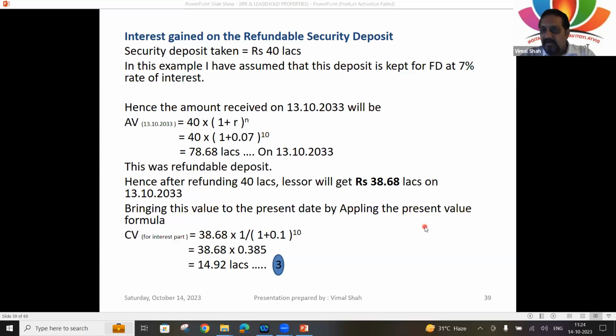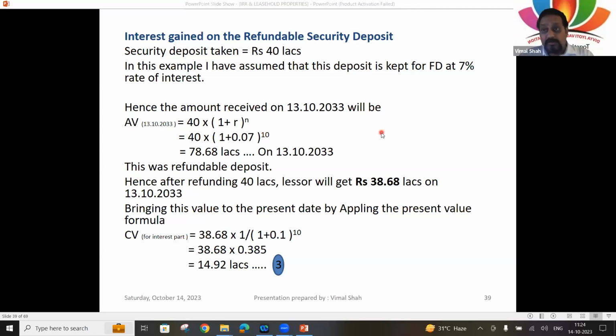Whenever you want to bring any future value to present value, we use only one formula, that is the PV factor formula of 1 upon 1 plus R raised to the power n. Now for finding out the value after 10 years also, you are using the same formula.